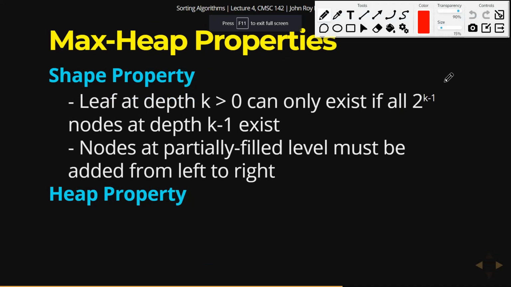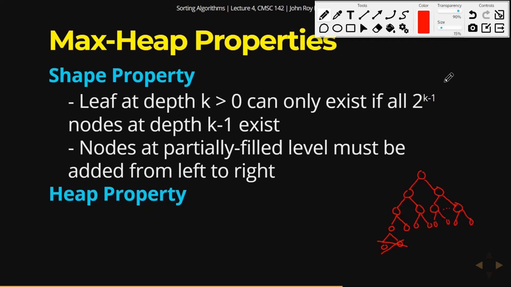So if you have already filled this level, if you want to finish this level, you have to fill this in first. You can't skip here if there are still empty pieces here. So you can only do that if this has been filled, and this one is also not possible. You can't add this yet until you've filled up the previous level.